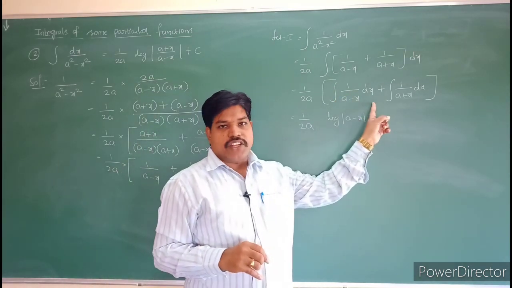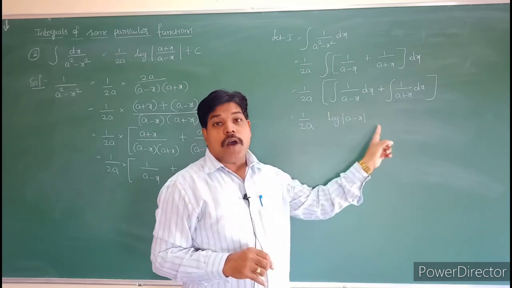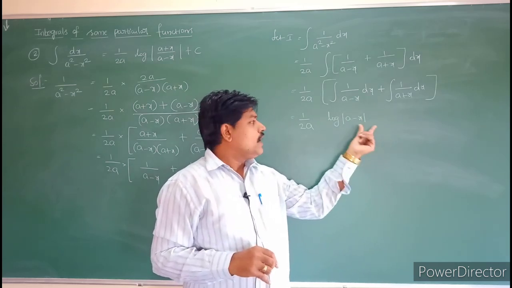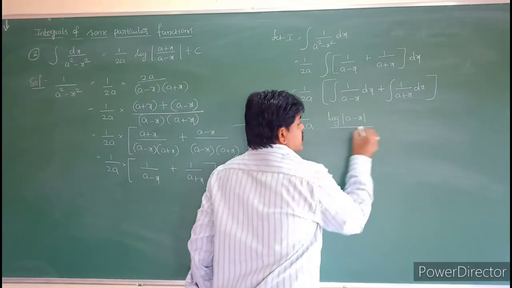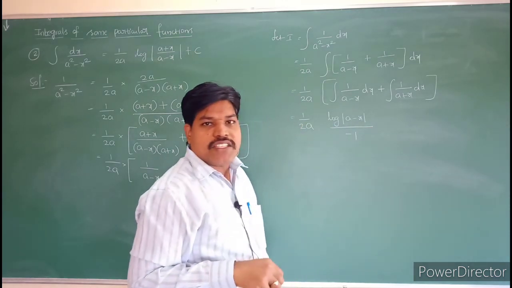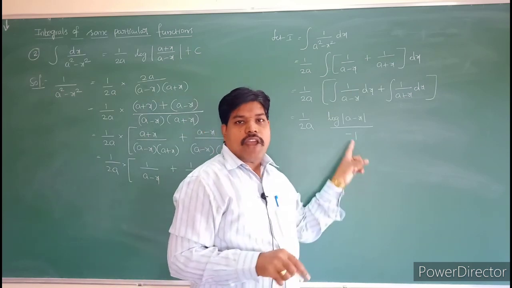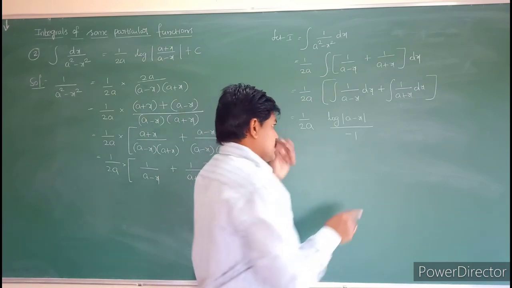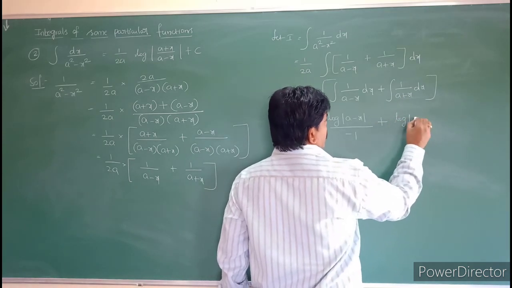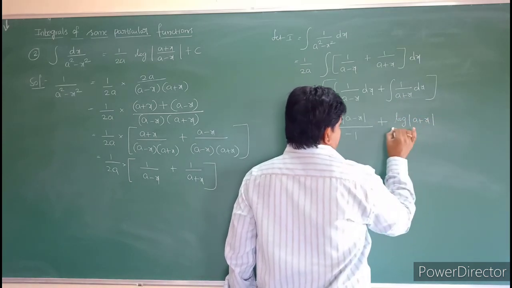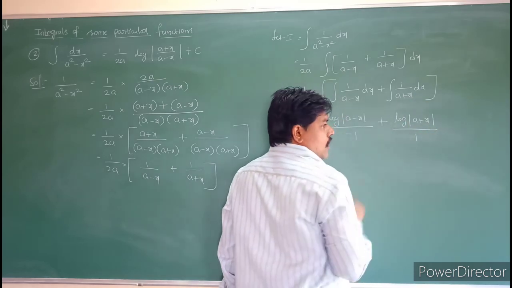The derivative of a minus x is minus 1, you have to take that in the denominator. Plus this value is log of mod a plus x, and the derivative of a plus x is 1.